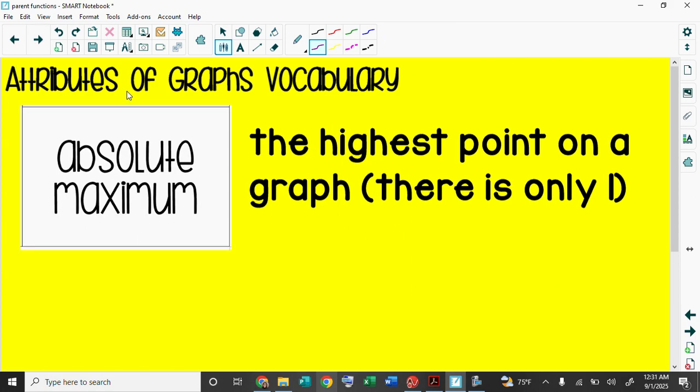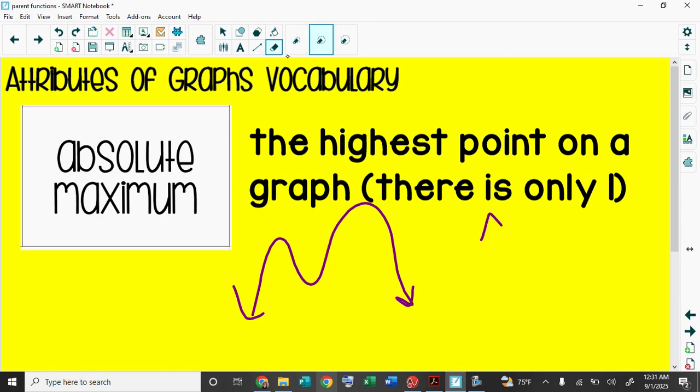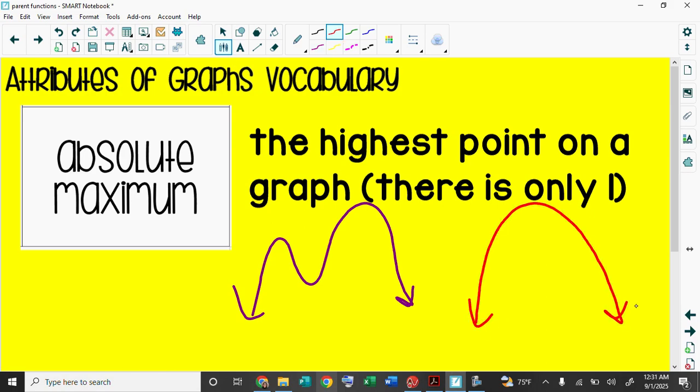Then there's an absolute maximum. Well, an absolute maximum could be like that. Or it could be like this.